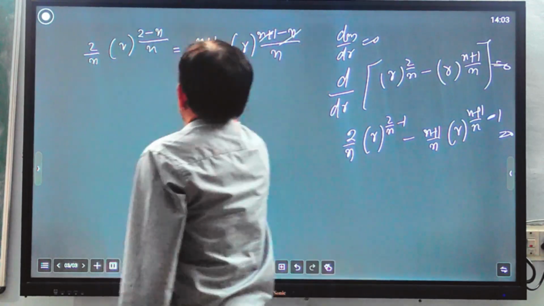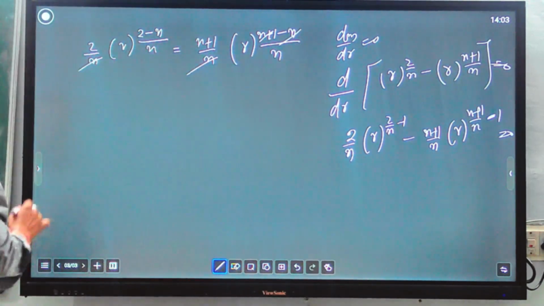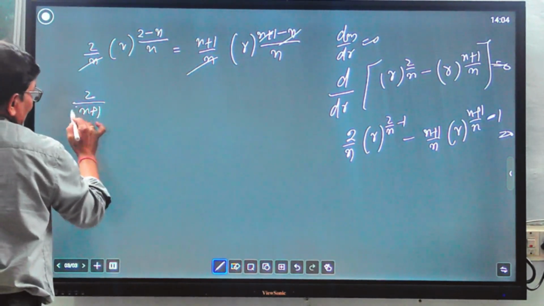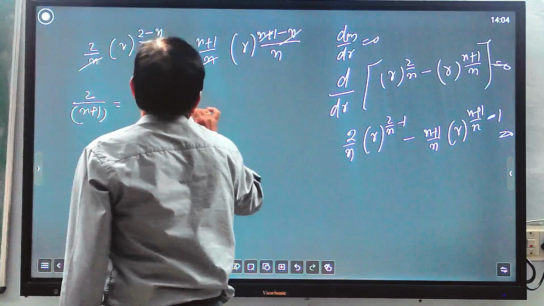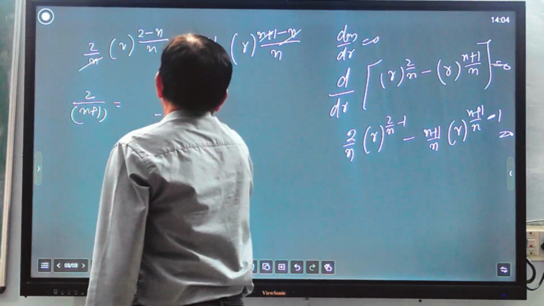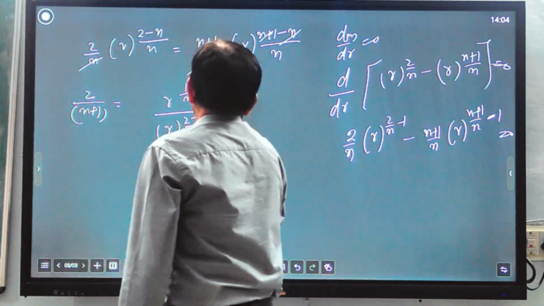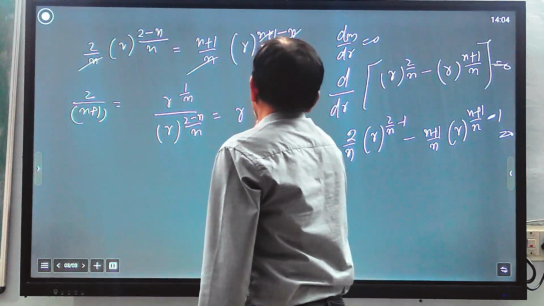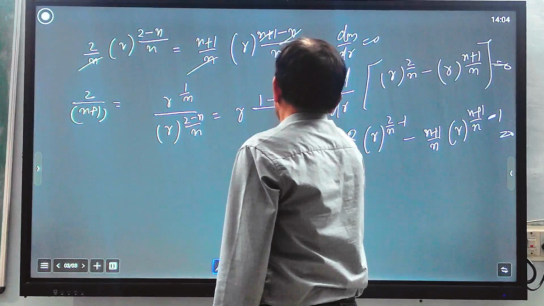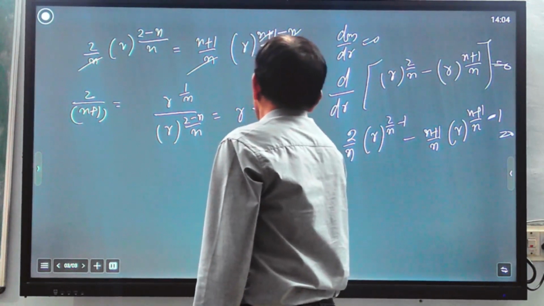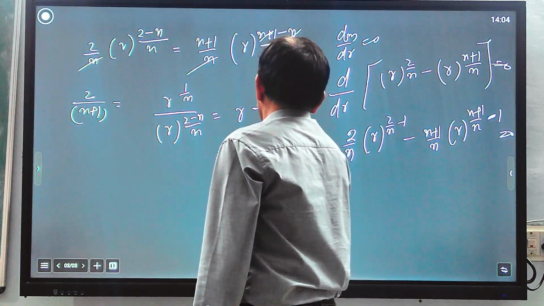Replacing n from here, so 2 upon n plus 1 equal to r to the power 1 by n upon r to the power 2 minus n upon n. Simplifying this one, r to the power 1 minus 2 plus n upon n, that is equal to r to the power n minus 1 upon n.